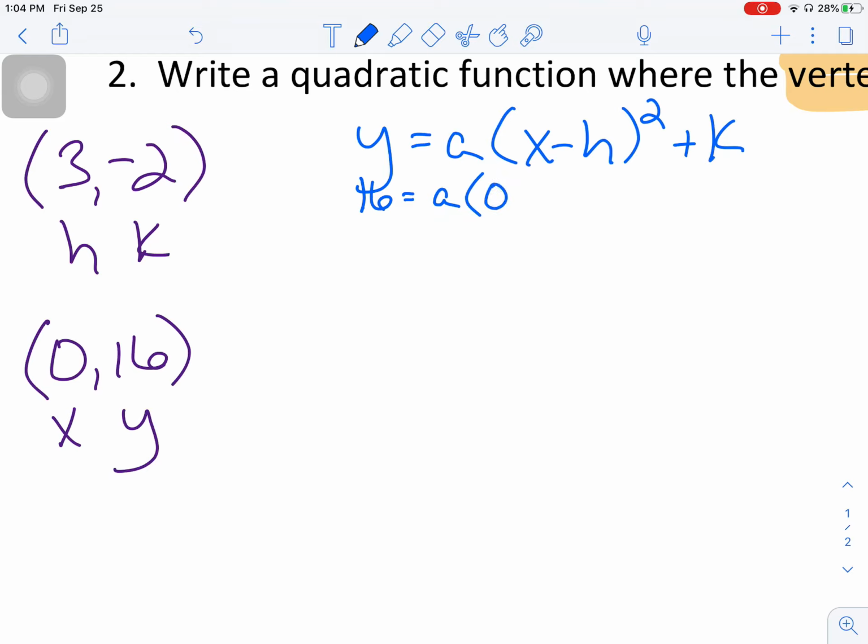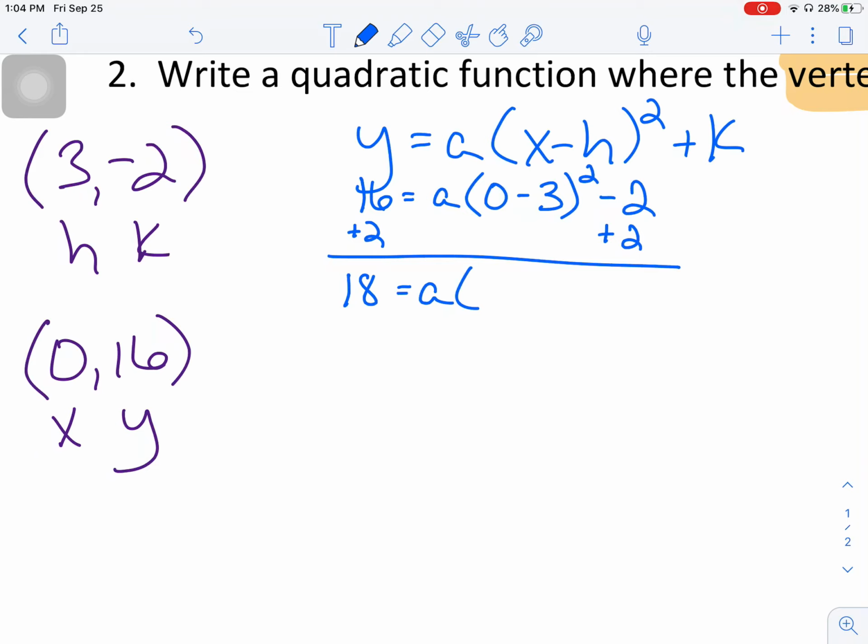X is 0, minus 3, squared, plus a negative 2, which is the same thing as just minus 2. So I'm going to add 2 to both sides. So 18 is equal to a times (0 minus 3) squared. 0 minus 3 is negative 3. Negative 3 squared, be careful with your sign, is just going to turn into 9. Divide both sides by 9, and I get a is equal to 2.